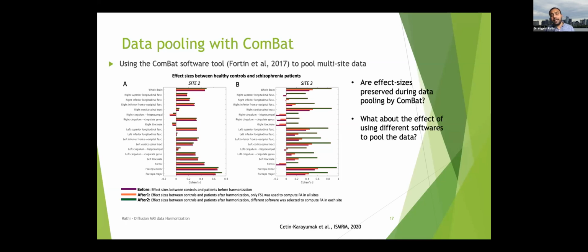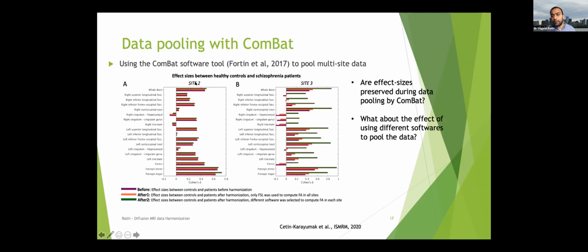So one of the key things that I would say is that no harmonization work should change effect sizes. They should be the same after harmonization, right? If you have a particular effect size before harmonization, that should be the same after harmonization. And you can see that here on site 2, before and after harmonization, the effect sizes are pretty much the same. I mean, this is great.